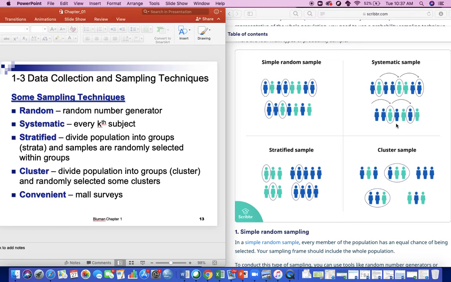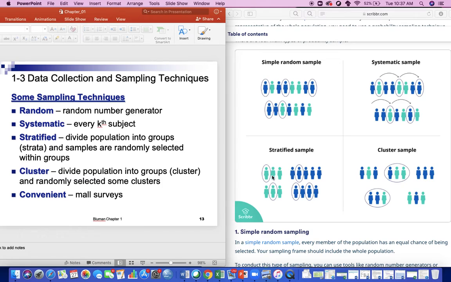And then the third one is stratified. Stratified is dividing the population into groups, and samples are randomly selected within groups. So we have a big population and we divide it into groups.